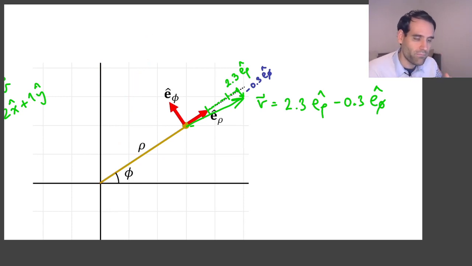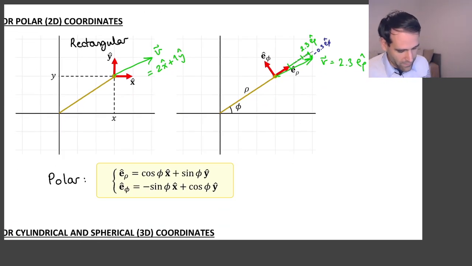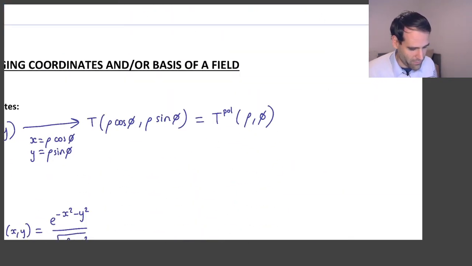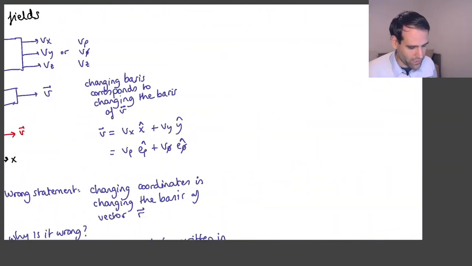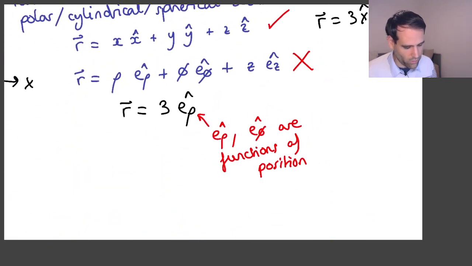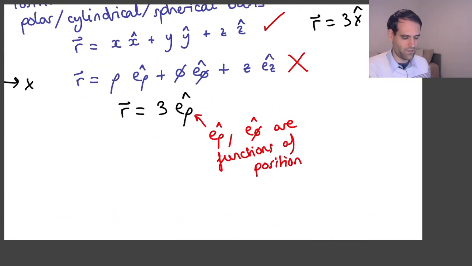But before I have told you the position vector r, you cannot tell me what e rho hat and e phi hat are. That's because e phi hat and e rho hat depend on the angle phi. So you cannot define a position using e rho hat and e phi hat because phi is undetermined if I don't know the position.